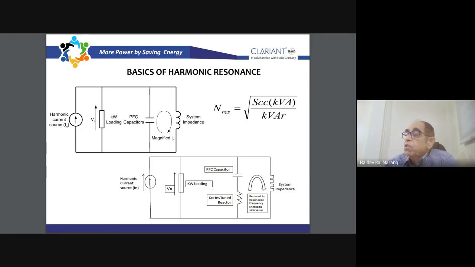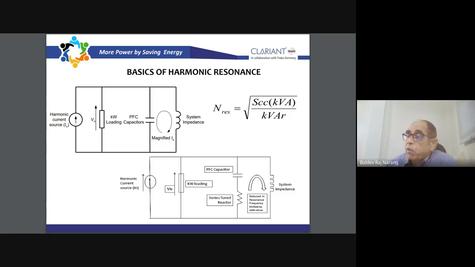Another problem is that the capacitors and the system impedance are in parallel. Suppose the total capacitance available in the system and the total impedance of the system, including all motors and the system transformer, become equal, then there is a resonance, and they may become equal at some frequency.